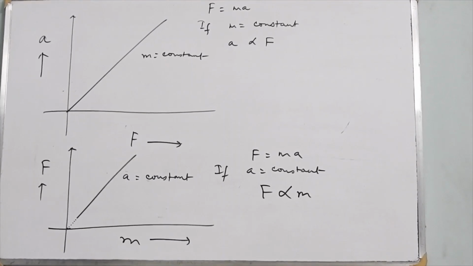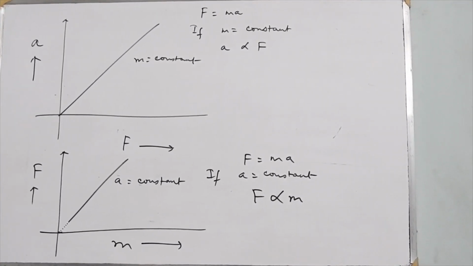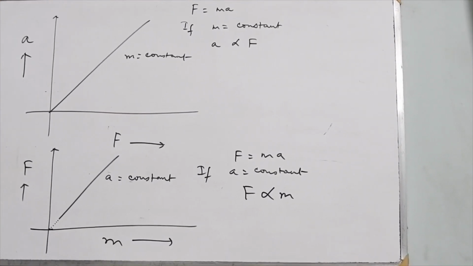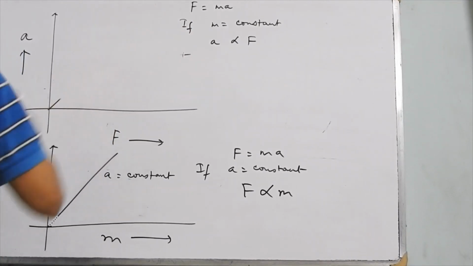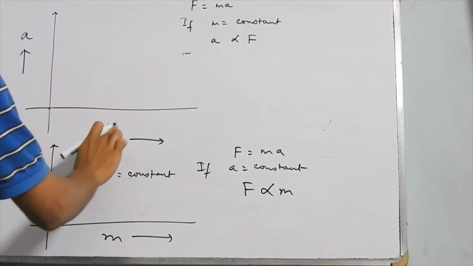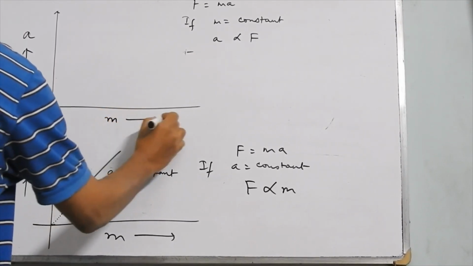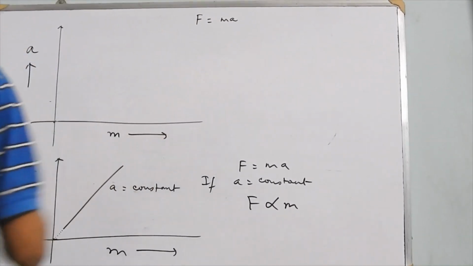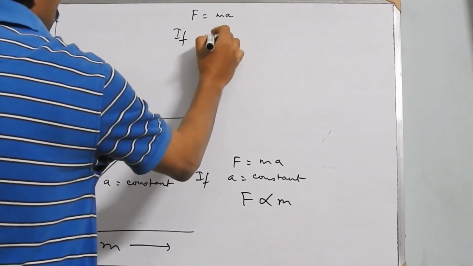On a similar basis, we can also compare acceleration and mass. So if we again plot a graph between acceleration and mass, suppose acceleration is plotted along the y-axis and the value of different masses is plotted along the x-axis. We are using the same relationship F equal to ma, but here we keep the force constant.